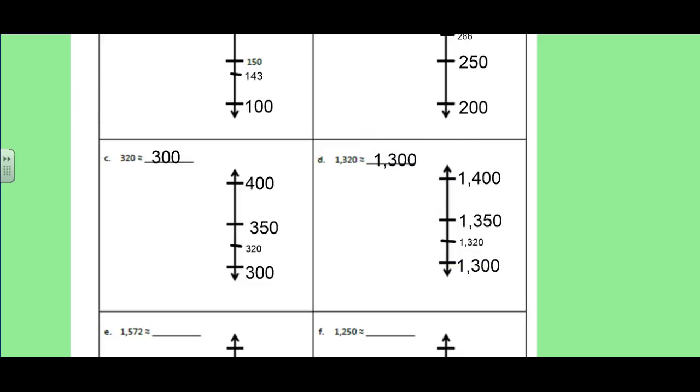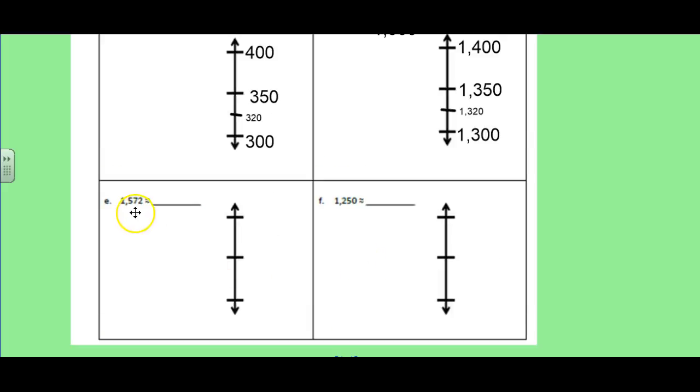Okay, so we're going to do E together, and then I'm going to let you do F on your own. So E, since we're rounding to the nearest hundred, I see that we have 5 hundreds in this number. So our bottom number is going to be 1,500. One more hundred than 500 is 600, so our top number is going to be 1,600.